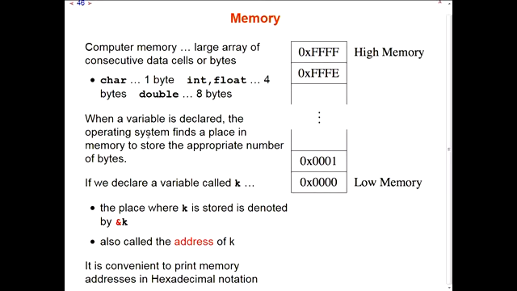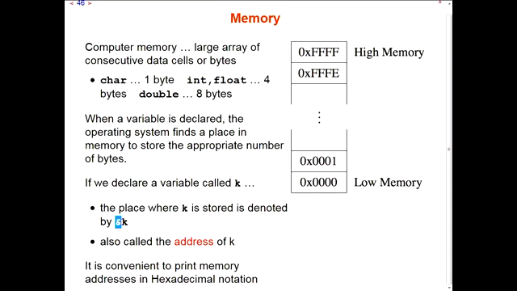When you declare a variable, like you say int x or double y, the operating system finds a place in memory to store the appropriate number of bytes. So it will reserve 8 bytes when you declare a variable as double. And what then actually happens if you declare a variable called k, it finds the corresponding number of bytes, and you can, in C, access the address in the computer memory with the help of that ampersand symbol.